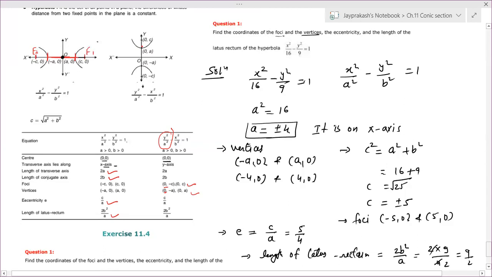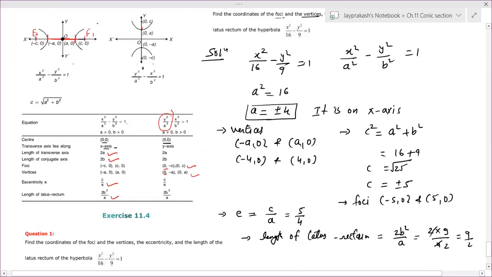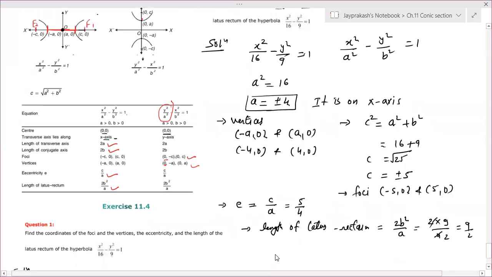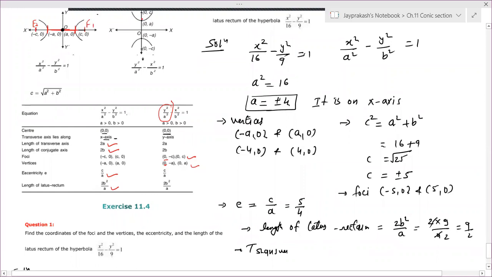Now in the same question, if you want to find the transverse axis, that is on the x-axis. So we will use here 2a.